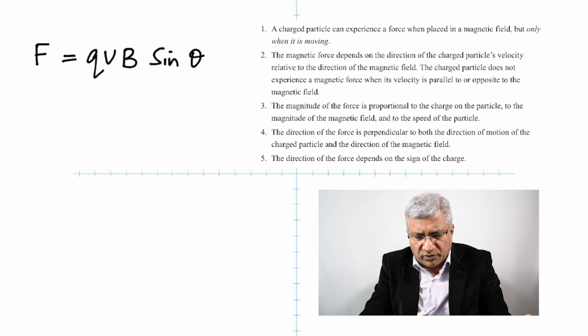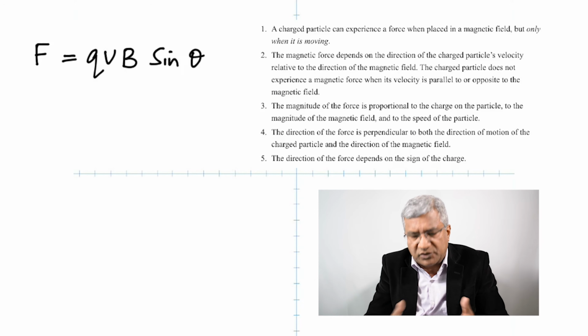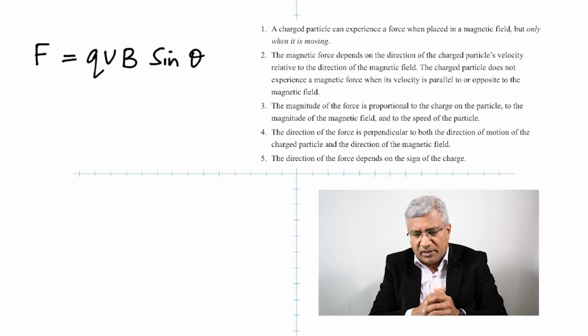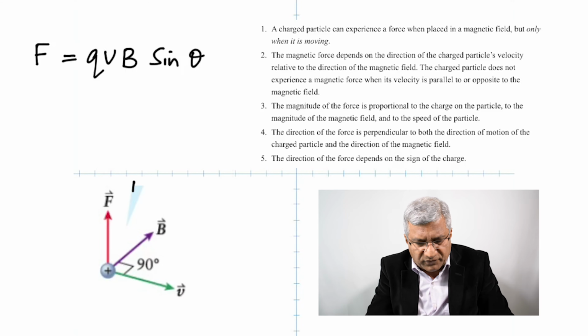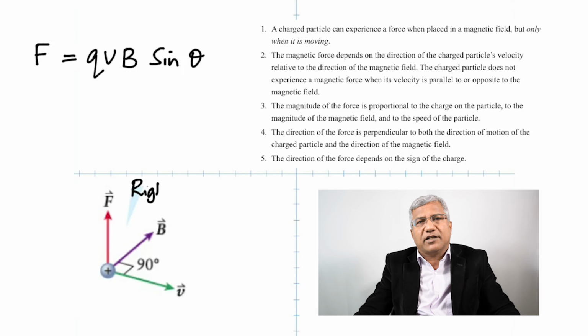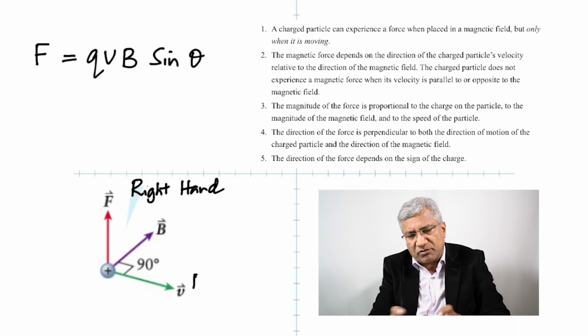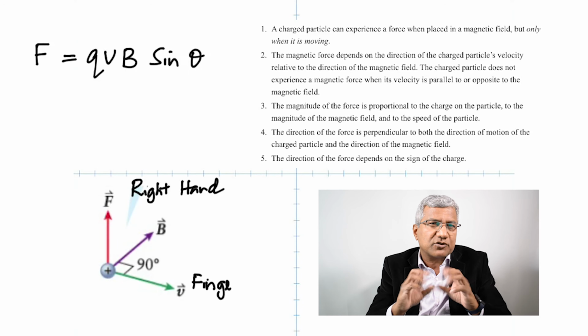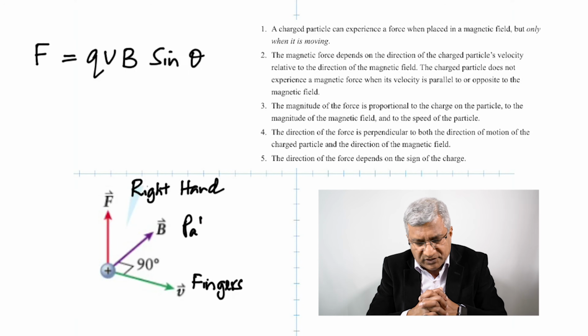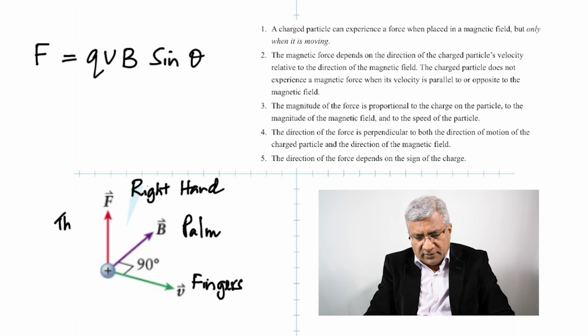This can be illustrated. There are some points here. You can read that. That's everything that I said. And the direction of that force is given by the right-hand rule that you see there. Okay, so those 5 points are actually the summary of everything that I said. And this gives you the right-hand rule.